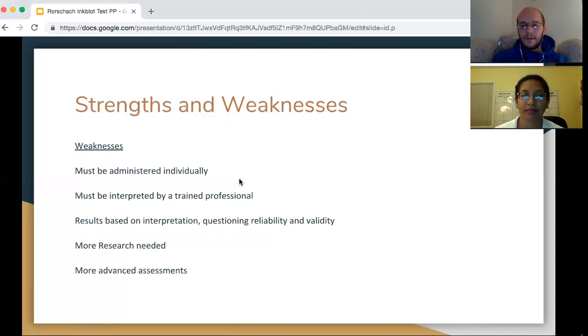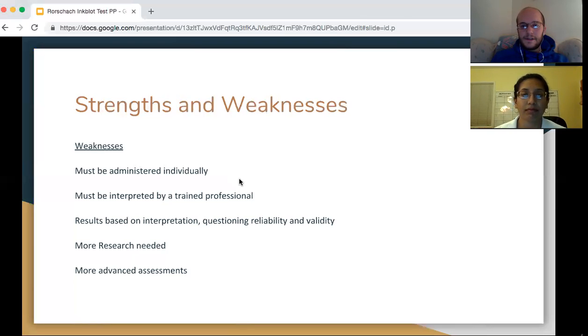And also there's a lot of schooling involved, so there's not a lot of people who are able to interpret these tests. Again, as I mentioned, these results are based on the rater's interpretation of the responses by the client. So this can lead to some weakness in reliability and validity. But as I said, more research is needed.